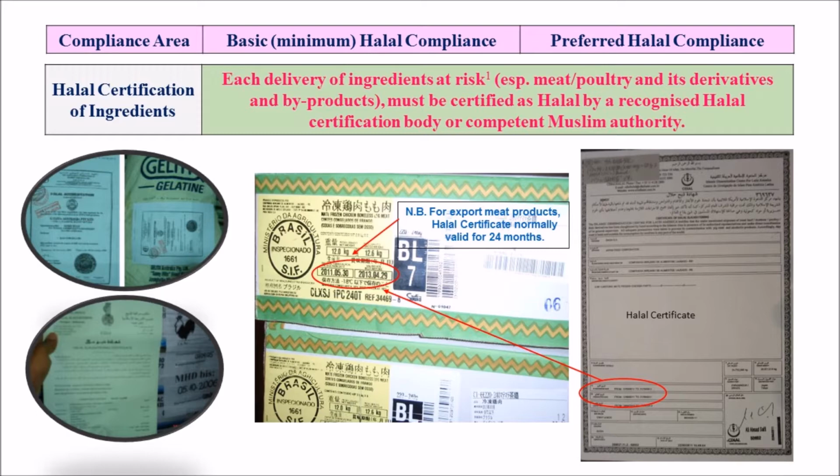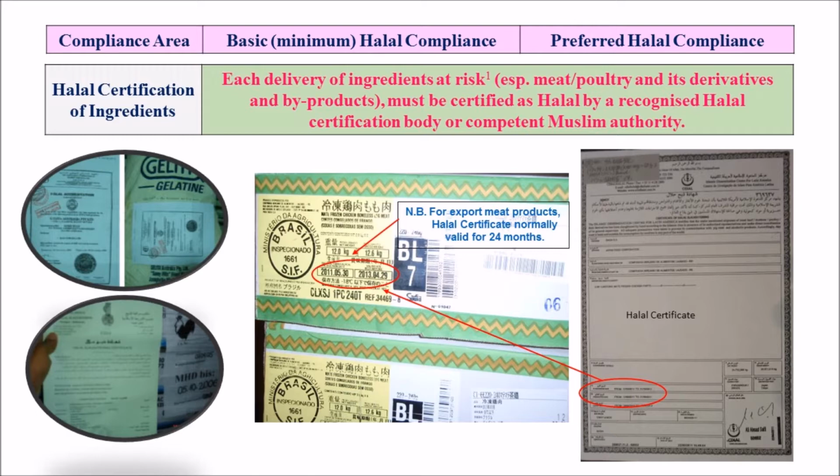Next, about certificate. Remember I told you earlier, halal certification of ingredients, especially raw material. Each delivery of ingredient at risk, we call high risk items, such as meat, poultry, and their derivatives and byproducts. Can be chicken, beef, lamb, mutton, can be chicken nugget or beef sausage.